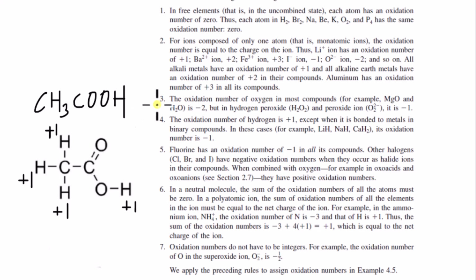But this rule can be summarized in general with the statement that oxygen is always going to have an oxidation number of -2, no matter what, unless one of the cardinal rules we've talked about so far, so the sum rule, the rule for hydrogen, the rule for alkali metals, alkaline earth metals, the rule for fluorine, but not the oxidation number of +3.